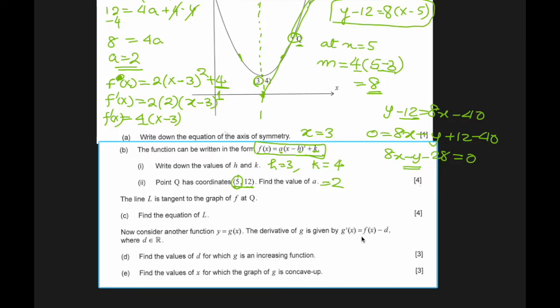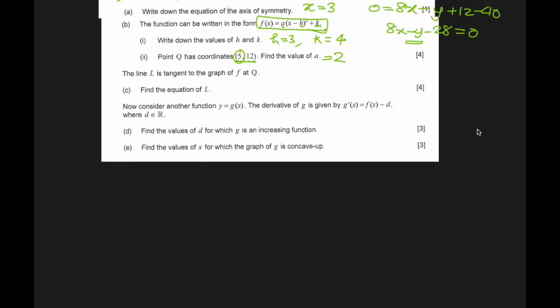That means f(x) minus d is positive. Whenever a function increases, its differentiation is positive. So f(x) was a(x minus 3) squared plus 4, and minus d is positive.